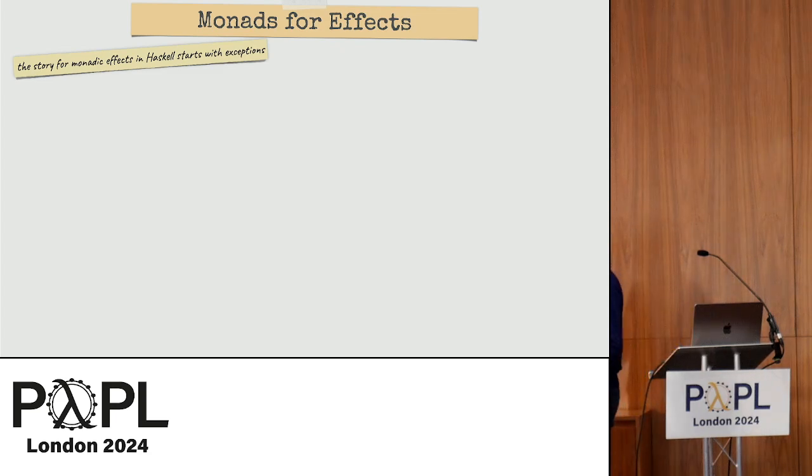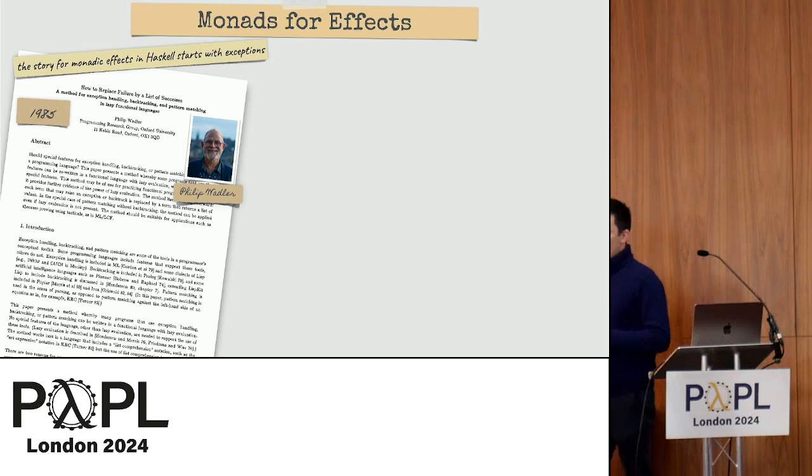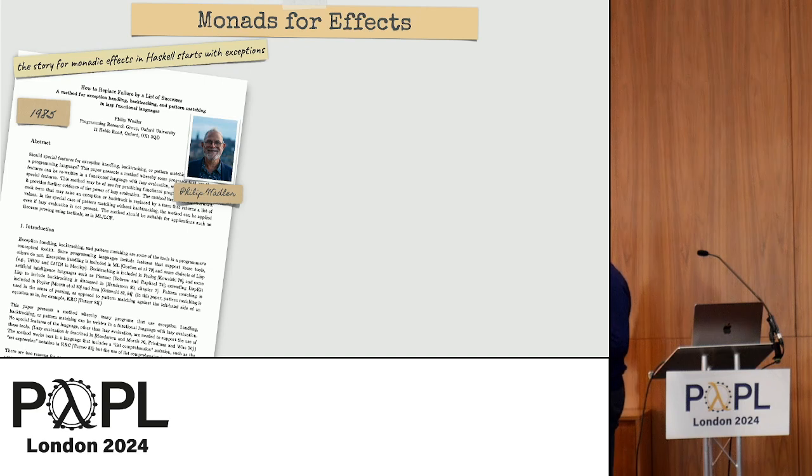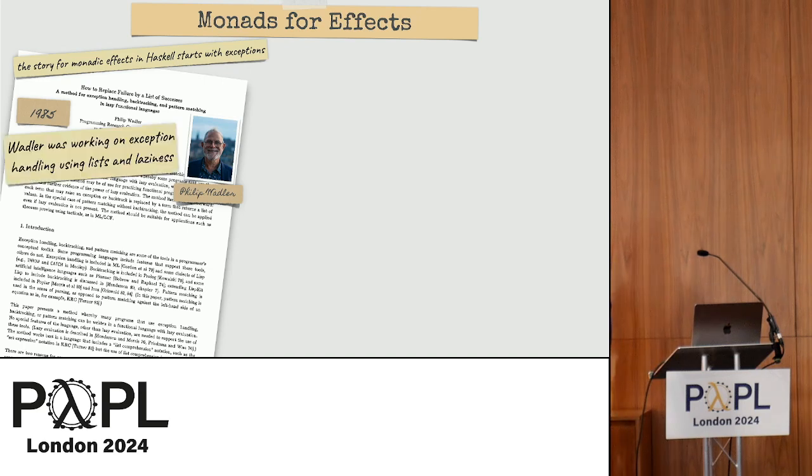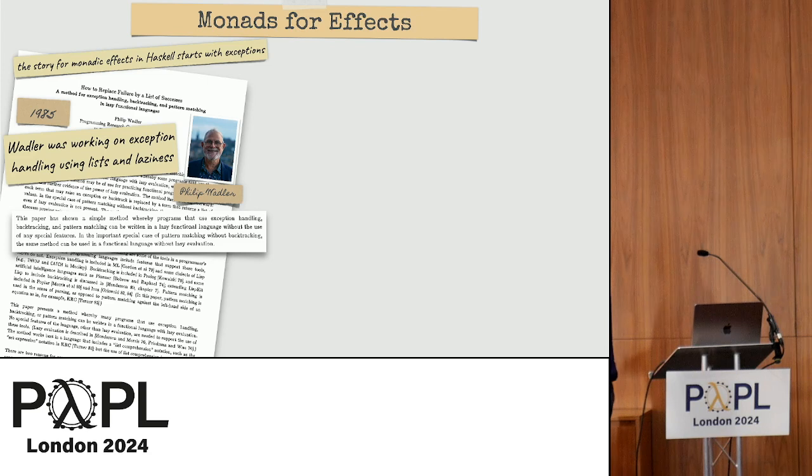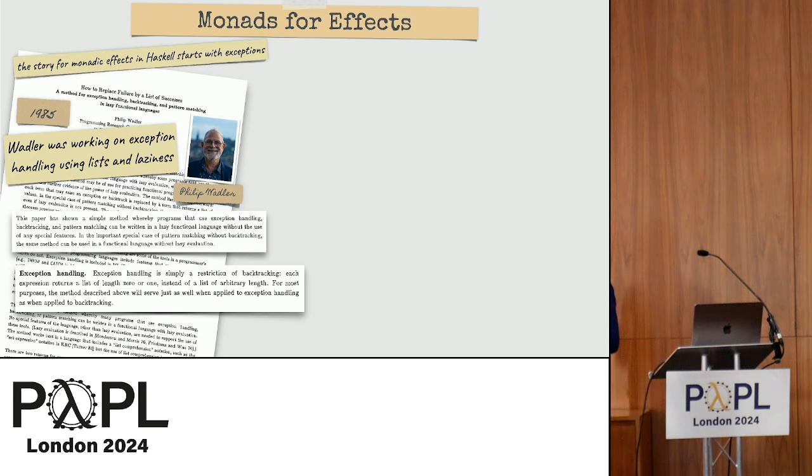A slightly different story. In '85, Phil Wadler thinks about exceptions and how we can have a theory of exceptions in Haskell. He starts by using lists and laziness to deal with exceptions, but not monads. At that point, I think he's unaware of that work.